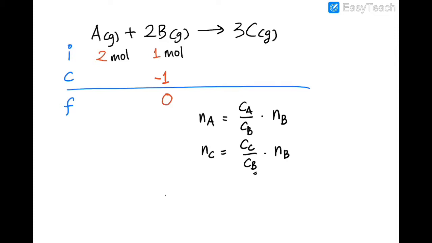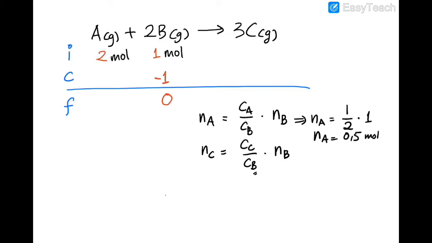So for A, we're going to get 1, which is the coefficient of A, divided by 2, which is the coefficient of B, times 1, which is the mole of B. So the mole of A in the change state is going to be half a mole.